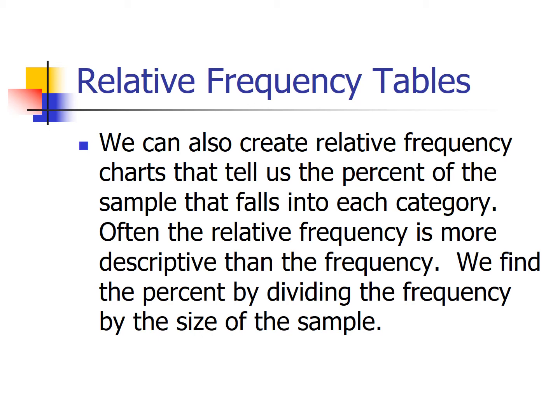Agreed? And in this situation, most of us would probably want to rely on that relative frequency, the number that takes population growth into account, whereas the raw frequency wouldn't.